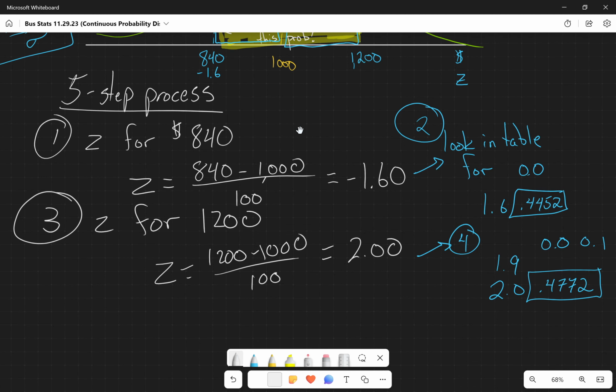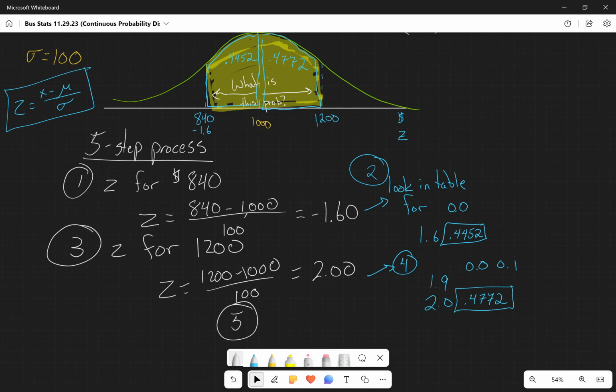Then our fifth part is conceptual, and this is where it's easy for us to get stuck. We go through this process where we calculate these z-statistics, but figuring out conceptually what that z-statistic means and how to use it in the context of solving the problem is another step that a lot of students get stuck at.